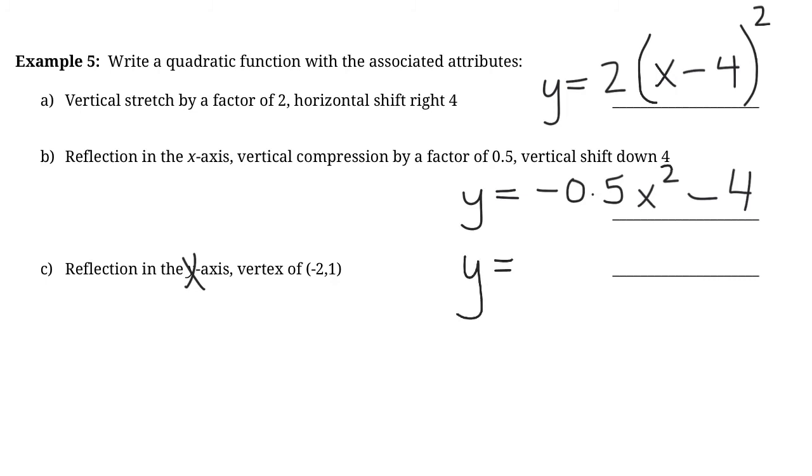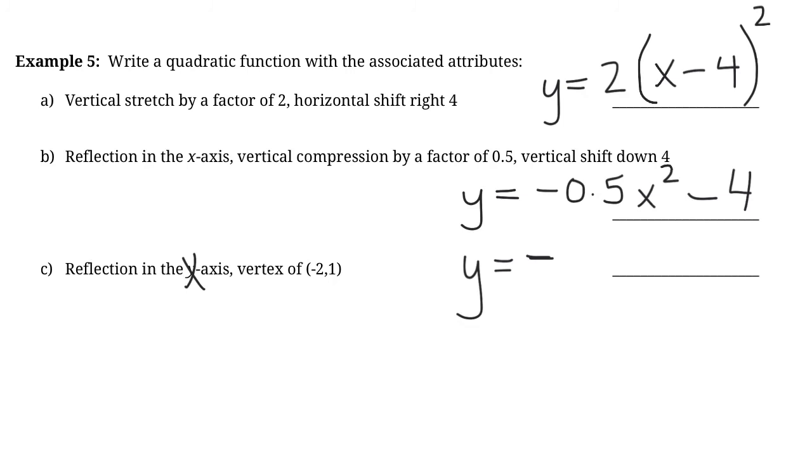A reflection in the x-axis means that we should see a negative sign. Now, they didn't tell me anything about the parabola being stretched or compressed. If you are not given that information, that means that your parabola is not being stretched and it's not being compressed. So your a value is simply just going to be a 1.